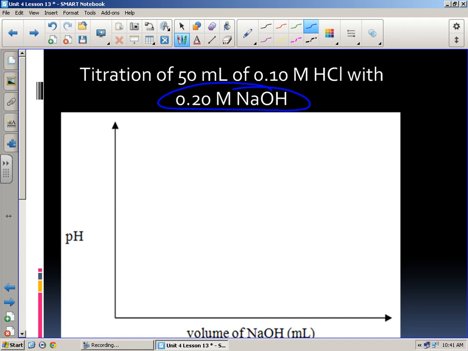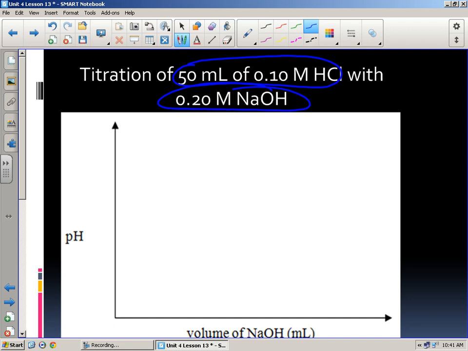What am I starting with in the bottom? It's got to be this here, 50 milliliters of 0.10 molar. Makes sense, doesn't it? Why would you put the 50 milliliters into the burette if they're telling you it's 50 milliliters? The burette's purpose is to measure the volume. Well, I already got the volume, it's 50 milliliters, let's put that in the bottom, right?